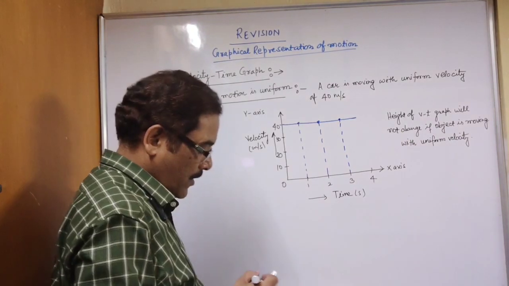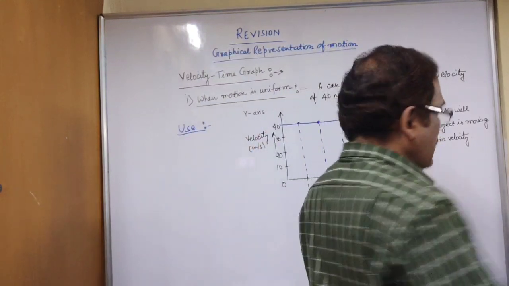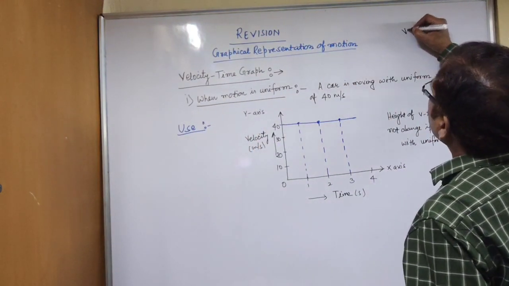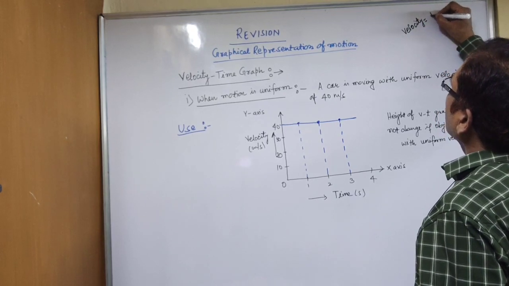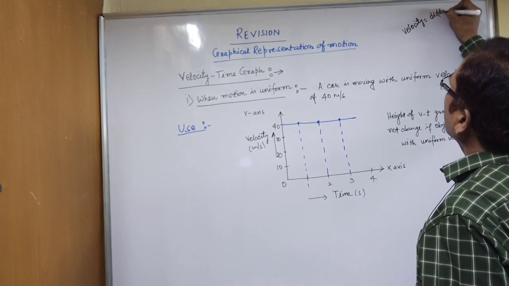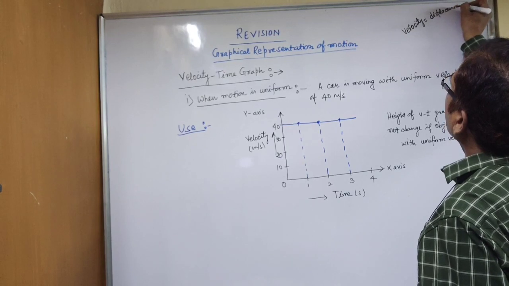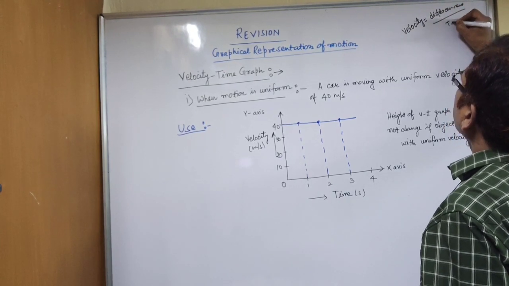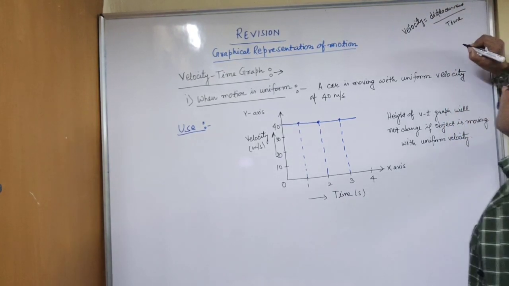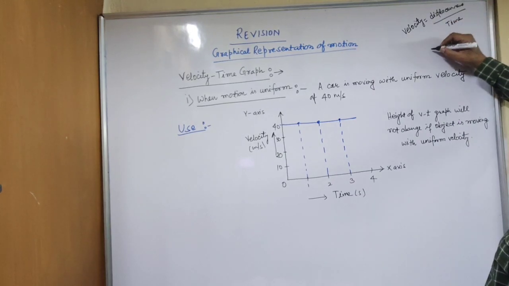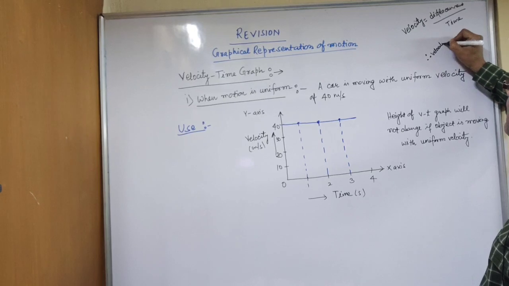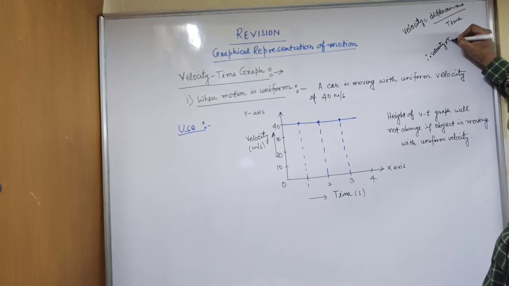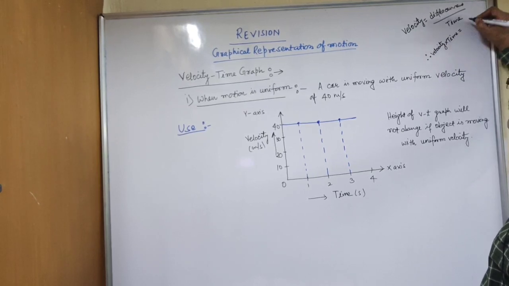Now you all know that velocity is equal to displacement by time. So the product of velocity and time, therefore velocity into time will give displacement.